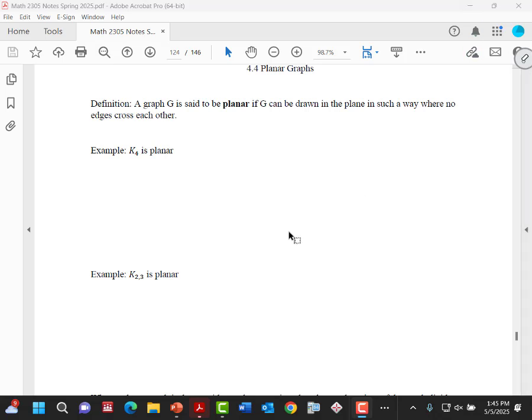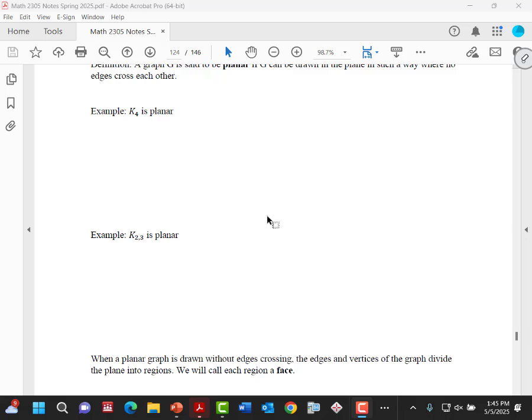So let's take a look at a couple of examples. Okay, K4 is planar. So let's recall what K4 was. The complete graph on 4 vertices. So 1, 2, 3, 4. And if we remember, there was a way to get from each vertex to any other vertex.